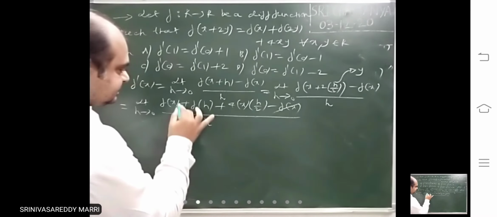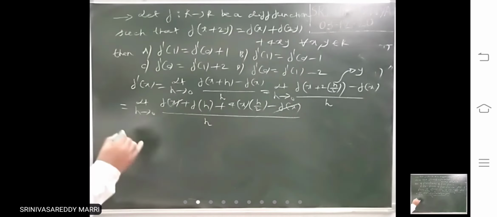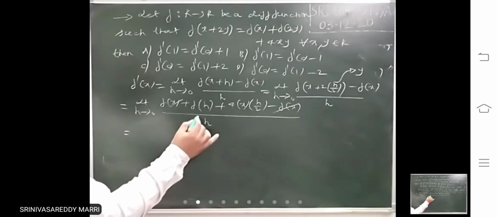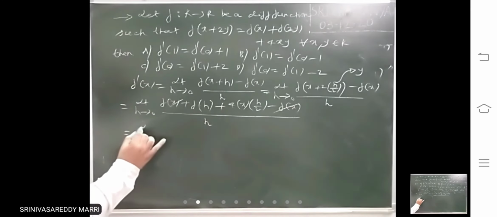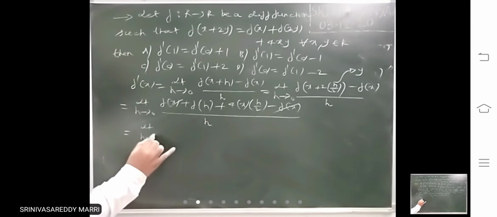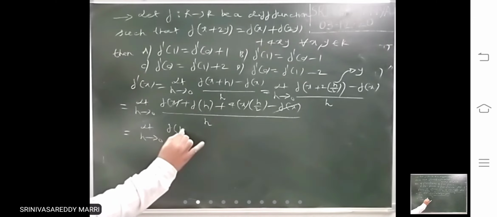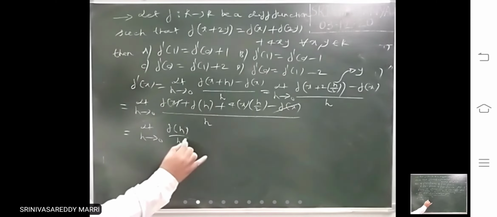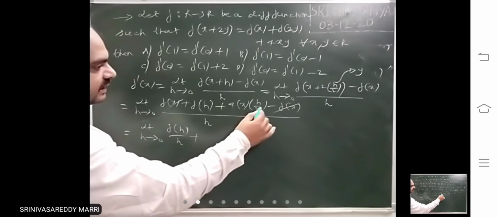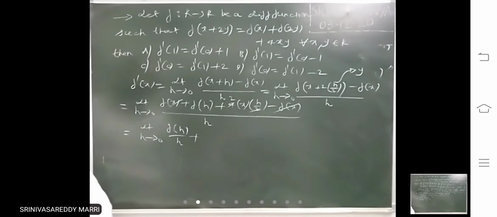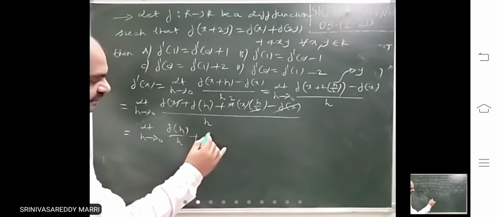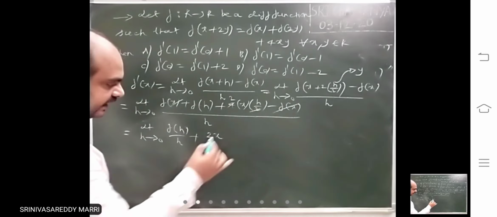So this f of x will get cancelled. Now what I am writing is f of h divided by h plus 2xh divided by h, that means this is 2x.